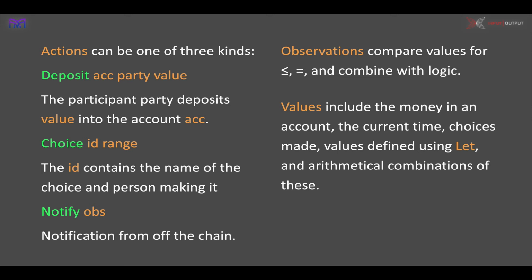So I think values reflect that they're simple data values. They're combined into observations, and then on the basis of whether an observation is true or not, the contract can evolve in different directions. And of course, included in those values are the choices made. So the direction of a contract can be and will be influenced by choices that participants make.